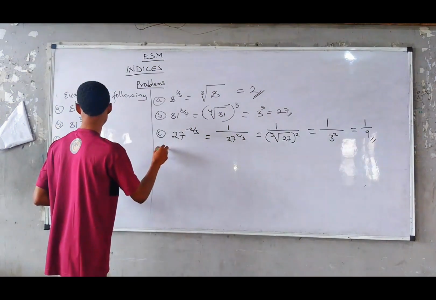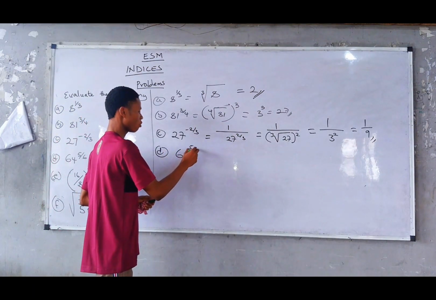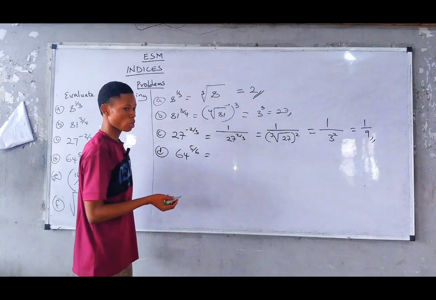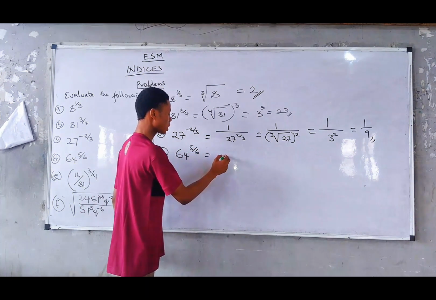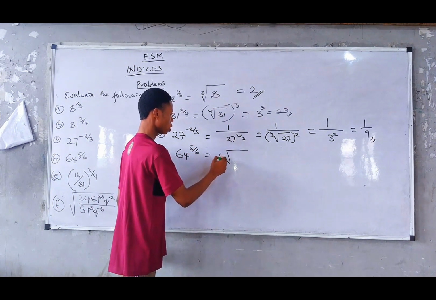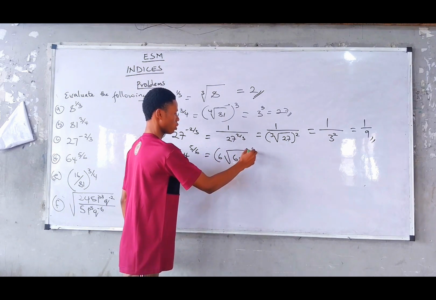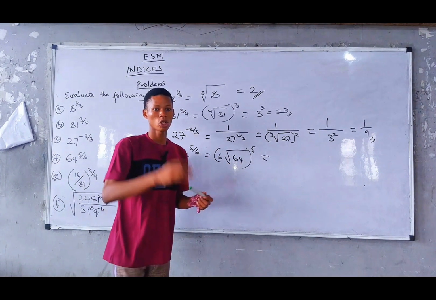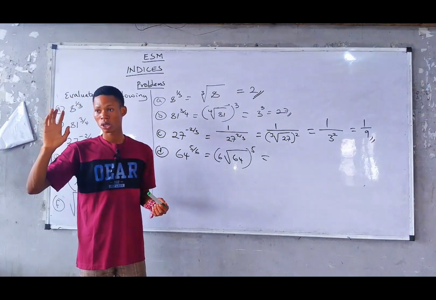The next one, D, 64 raised to power 5 over 6. I believe everyone can solve this one now. There are two methods you can use, just like we've been using since. This is the sixth root of what? Sixth root of 64, right? All raised to power 5. The sixth root of 64 is what? 2, right? 2 times 2 times 2 times 2 times 2 times 2, 6 times is 64. Is it not?